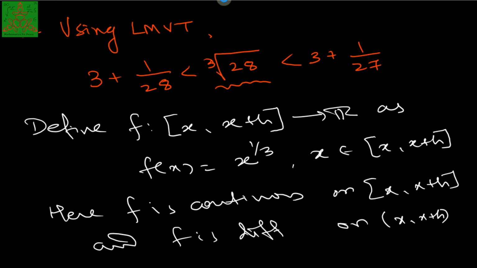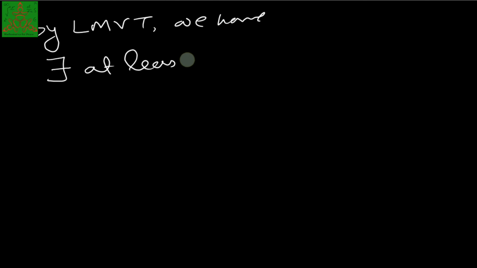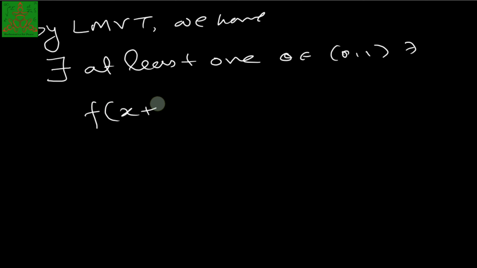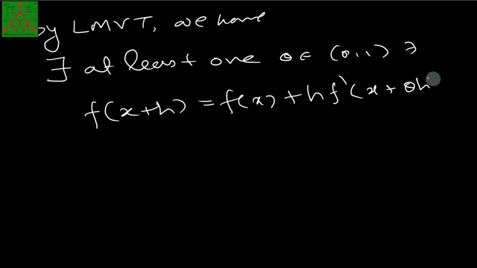Now by LMVT, we can say there exists at least one theta in between 0 and 1 such that f of x plus h, instead of a we have x written here, is f of x plus h into f dash of x plus theta h. Now your function f of x here is x raised to 1 by 3.